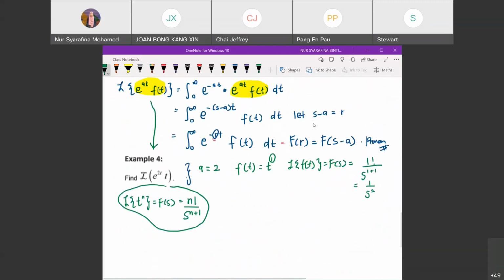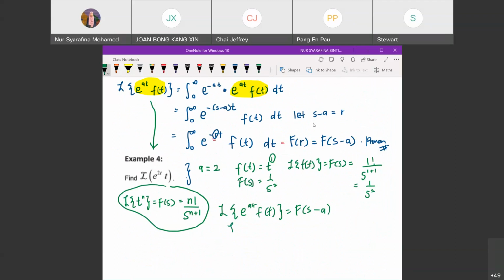So now when a equals to 2, f(t) equals to t, and you know that F(s) equals to 1 over s squared. So by the first shifting property, transforming exponent at times with f(t) becomes F(s minus a).